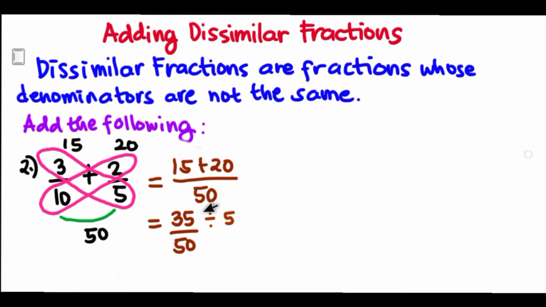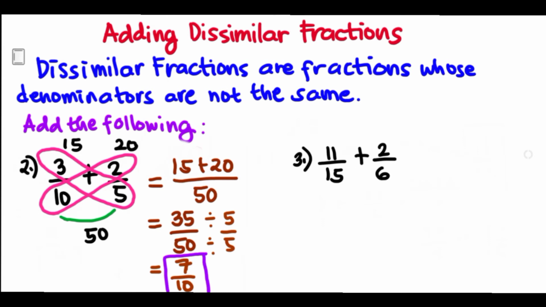So, divide po natin sa GCF nila na 5. 35 divided by 5 is equal to 7. And then 50 divided by 5 is equal to 10. So, the final answer is 7 over 10.